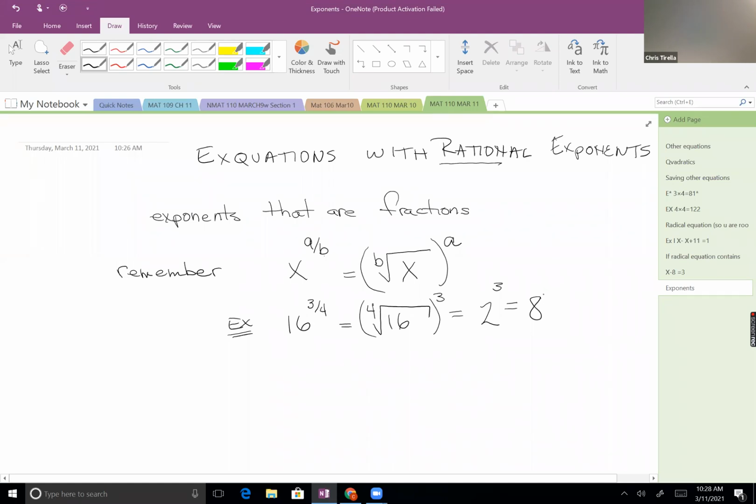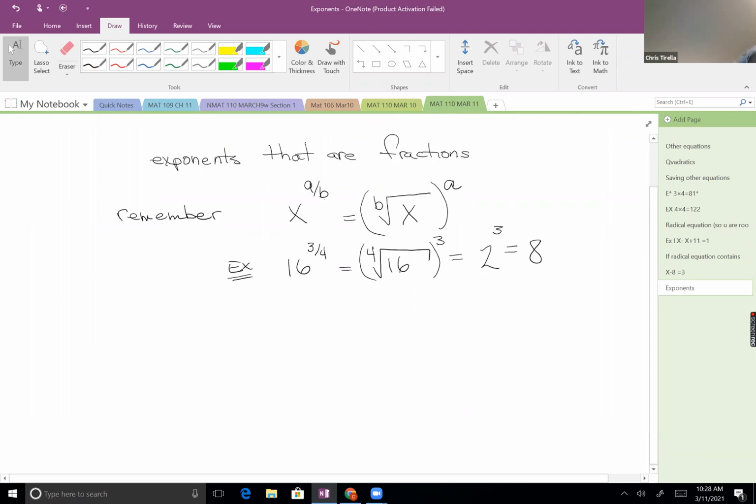Does that look vaguely familiar? Wasn't that long ago? We did it this semester. Another thing that I want you to remember, second time I misspelt remember, I'm on a roll, you guys. If I have something raised to a power and I raise it to another power, does everybody remember when we raise a power to a power, we multiply exponents?